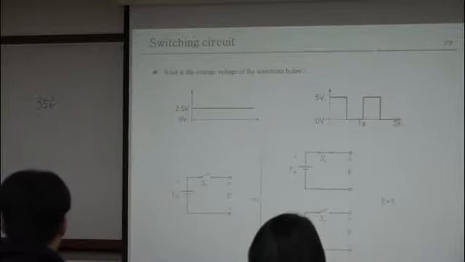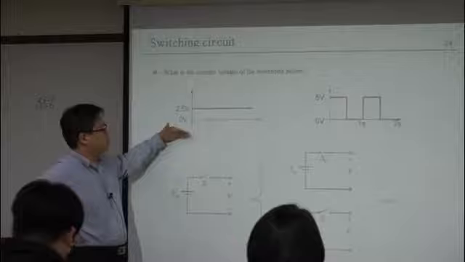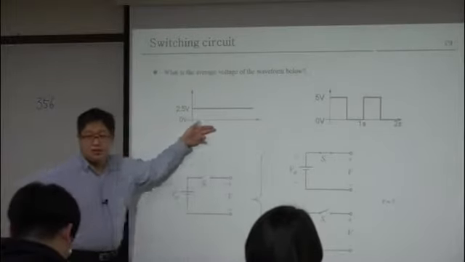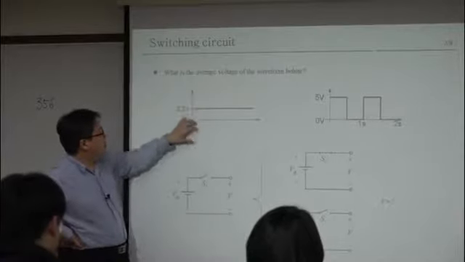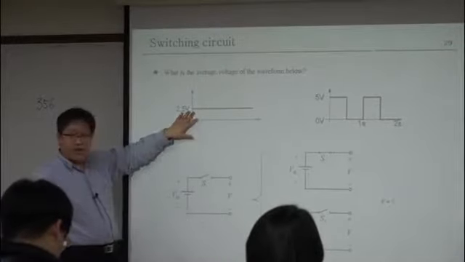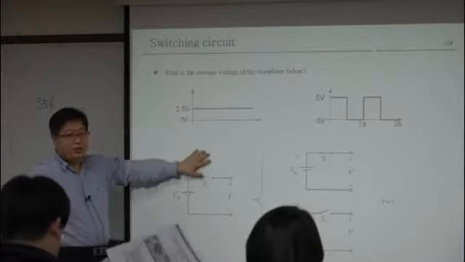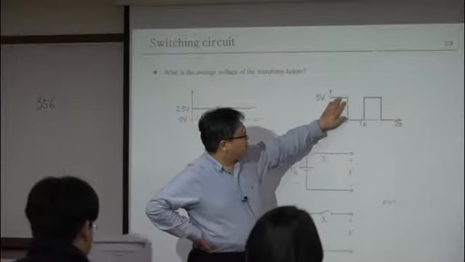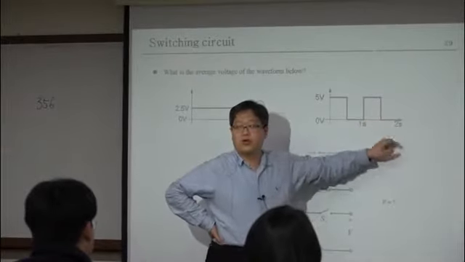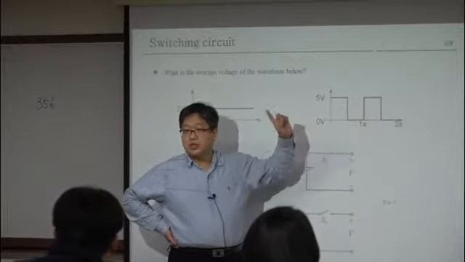Here, what is the average value of this waveform below? The horizontal axis is time, and the vertical axis is voltage. And the average voltage of this is what? 2.5 volt. And here, you have this kind of pulse waveform. Then what is the period of this voltage? Just 1 second, right?